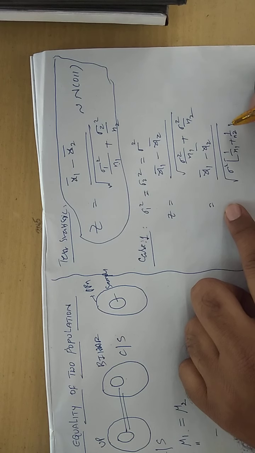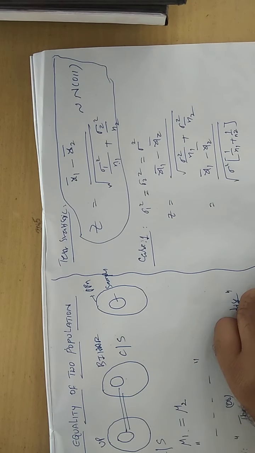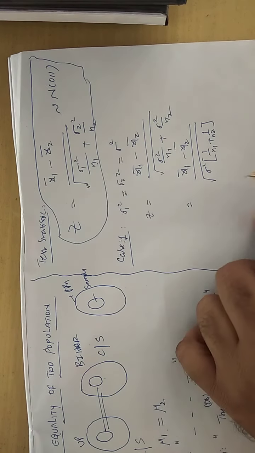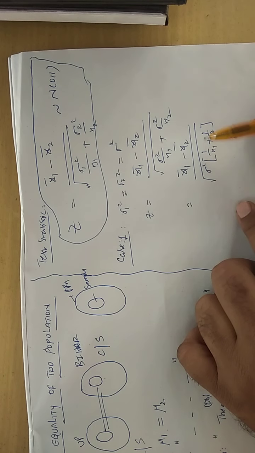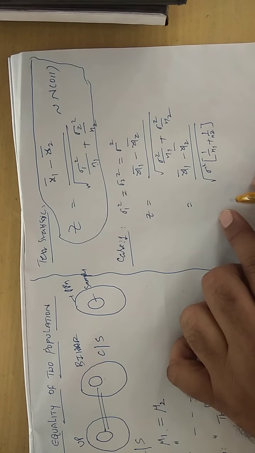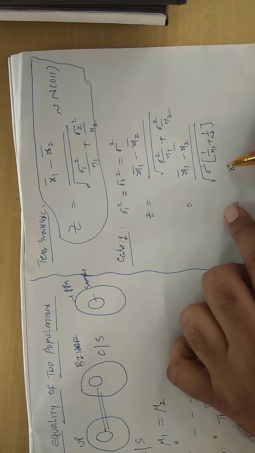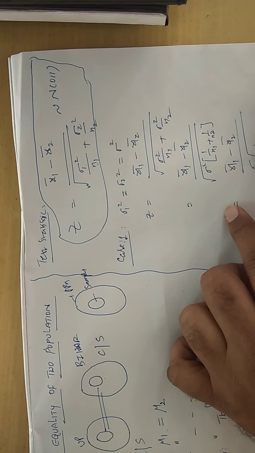Now if you take sigma square out of the square root, sigma square becomes sigma. Then the final form is x1 bar minus x2 bar whole divided by sigma times square root of 1 by n1 plus 1 by n2.